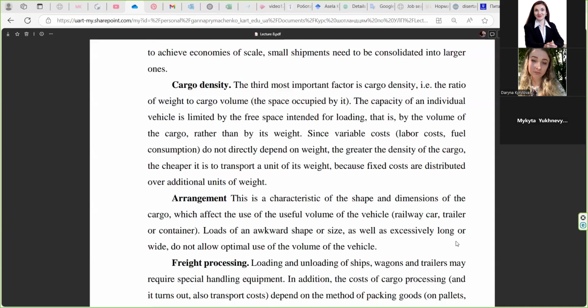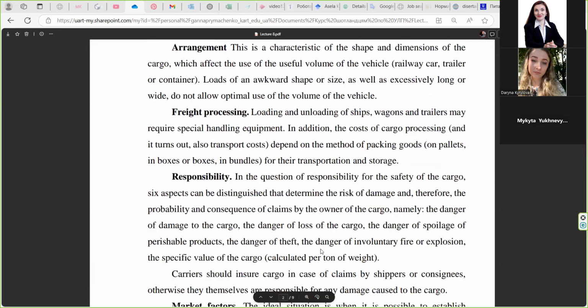Loads of an awkward shape or size, as well as essentially long or wide loads, don't allow optimal use of the volume of the vehicle. The next economic factor is freight processing. Loading and unloading of ships, wagons, or trailers may require special handling equipment.